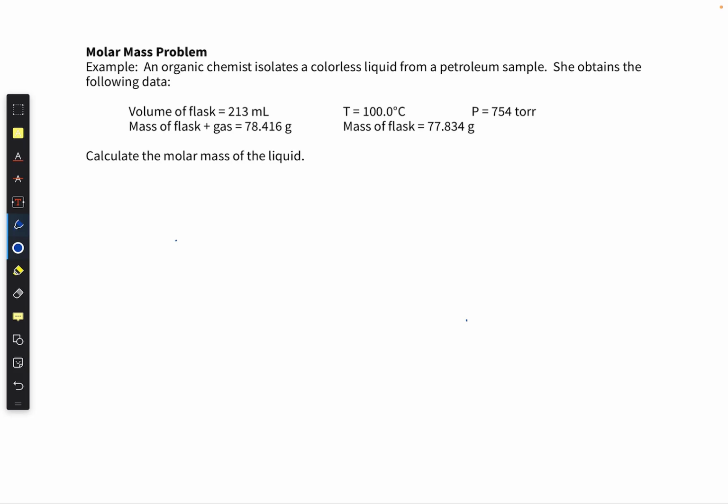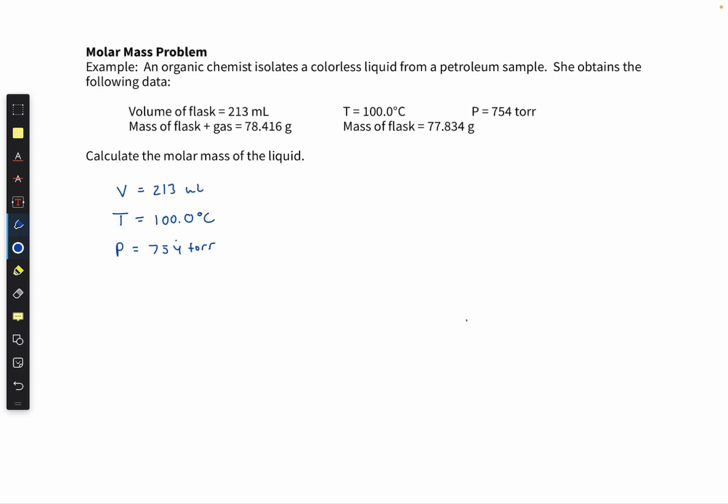So to see an example of how this is, we have an organic chemist who isolates a colorless liquid from a petroleum sample. She isolates the following data. So we have the volume of the flask. If we're going through and identifying things, we have our V, it's 213 mLs. We have our temperature as 100.0 degrees Celsius, and we have our pressure as 754 torr.